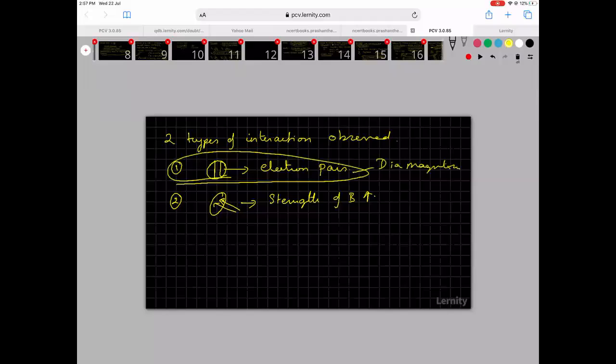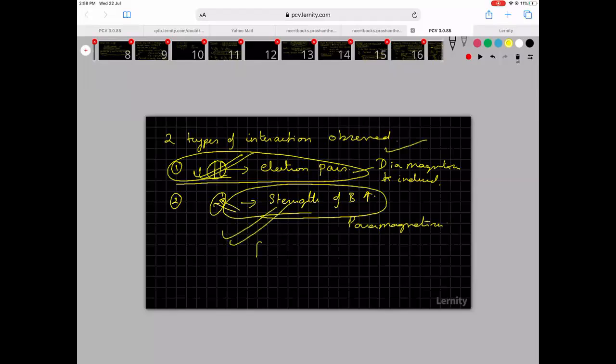This is what is called paramagnetism. The other one is usually induced, and that is diamagnetism. So materials where the first is more are diamagnetic; those materials where this is more are paramagnetic. Extreme cases of paramagnetism is ferromagnetism.